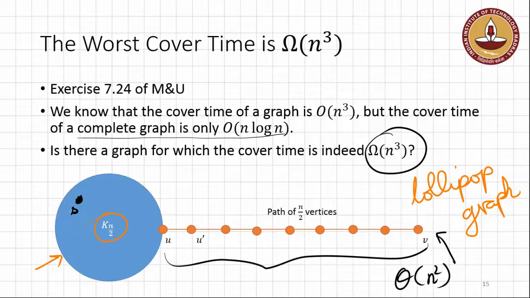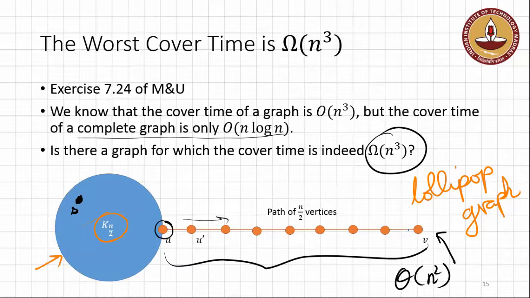Now, what will happen is that this random walk will start walking around this graph, and at some point it will have to come to u, and then somehow make its way all the way to v.